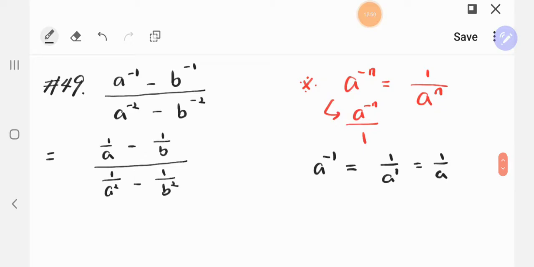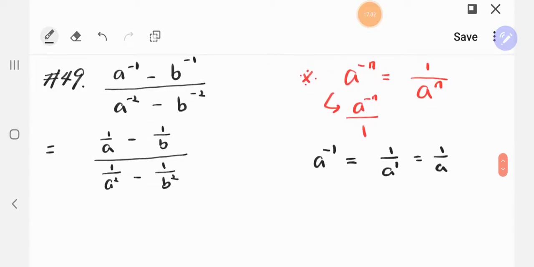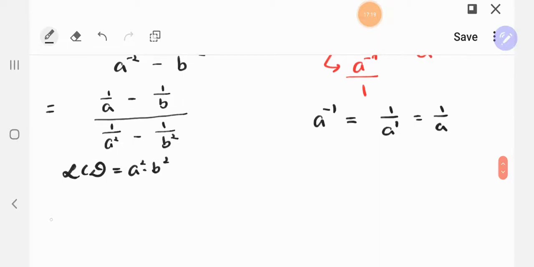So we just change the negative exponent to positive exponent by moving the exponential form into the denominator. So from this one, what is the LCD? LCD is the product of a squared and b squared.